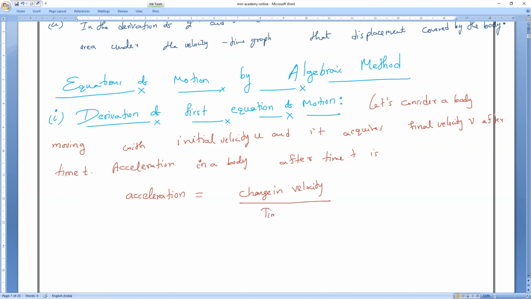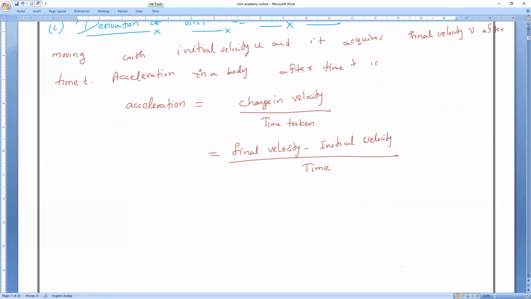Change in velocity is final velocity minus initial velocity, divided by time taken. What is the symbol of acceleration? A. Final velocity V, initial velocity U: a equals (V minus U) divided by t.